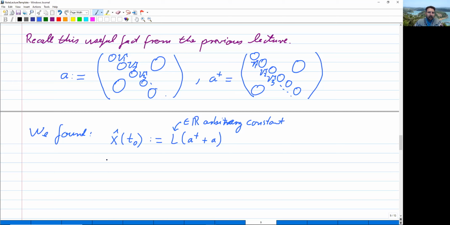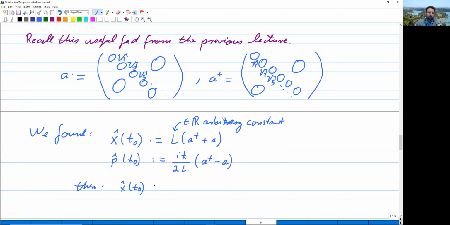Right? And if we define this, and then we also define the p hat of t naught to be i h bar divided by 2L, A dagger minus A, then we found that x hat, well, finding is a little bit much.